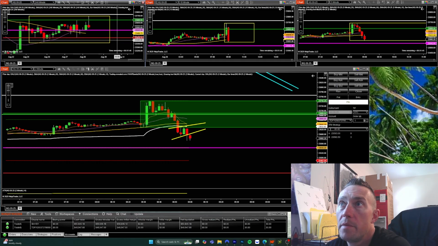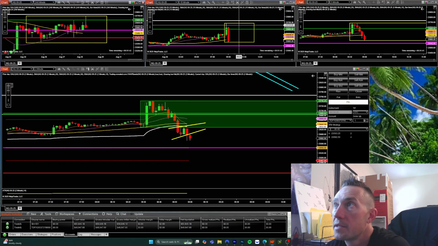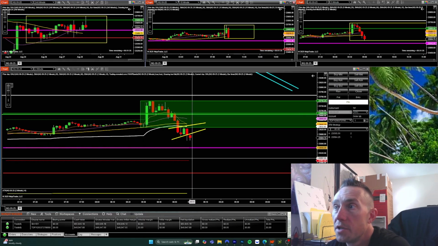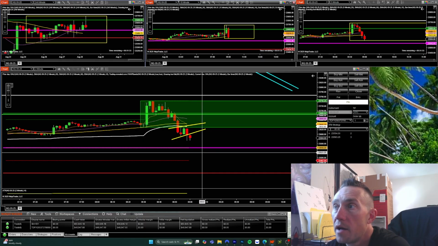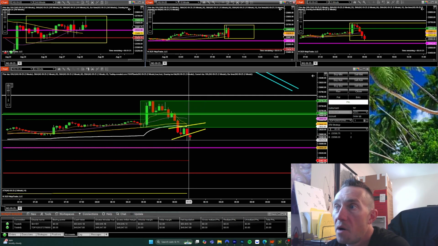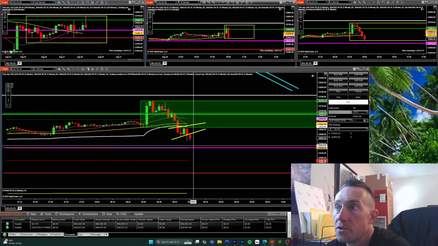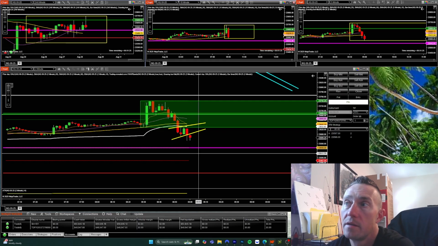So me trying to go short here is extremely risky unless we see a little bit more momentum pushing down and holding below this purple line. And you can see where buyers are stepping in here, so price isn't just dropping right down there as easily.